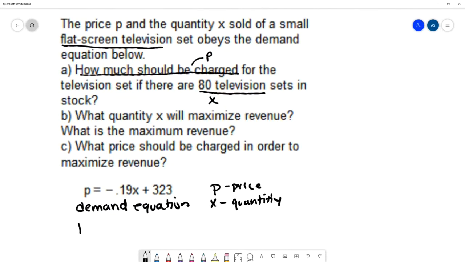So we'll substitute in an 80 into that demand equation. We have negative 0.19 times 80 plus 323. Let's put that in our calculator.